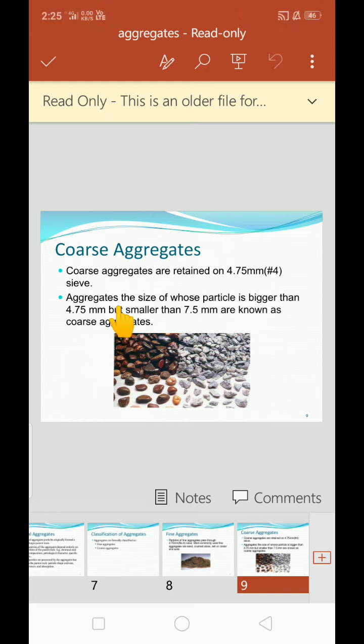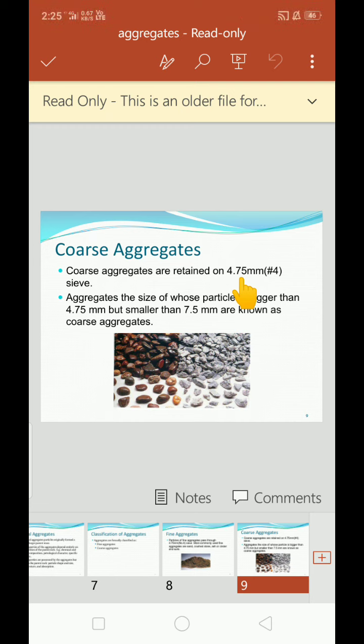Fine aggregate passes through this sieve size, but coarse aggregate is retained on this sieve size. 4.75 mm is one sieve size in the set of sieves. One set of sieves starts from 80 mm and goes to 150 micron. So 80 mm, 63 mm, 50 mm, 40 mm, 31.5 mm, 25 mm, 20 mm, 16 mm, 12.5 mm, 10 mm, 6.3 mm and 4.75 mm.